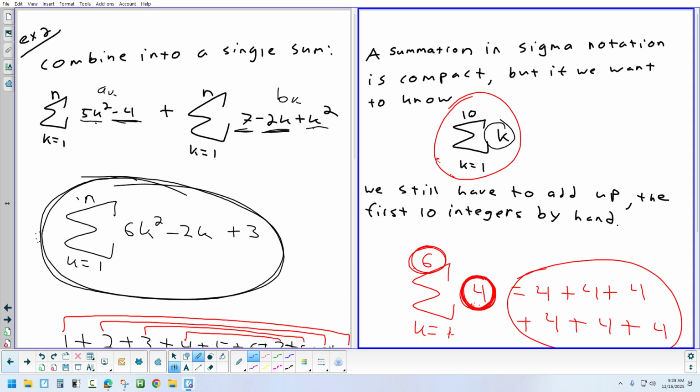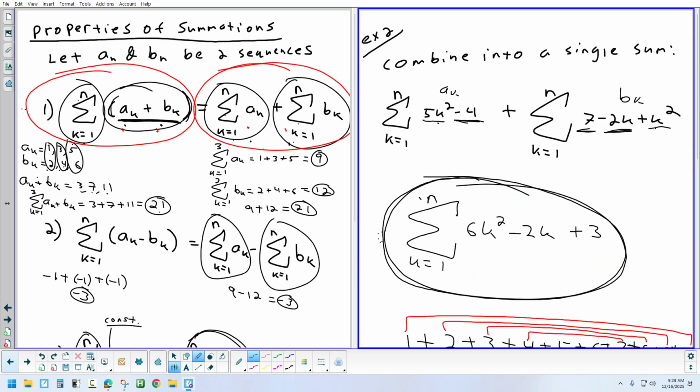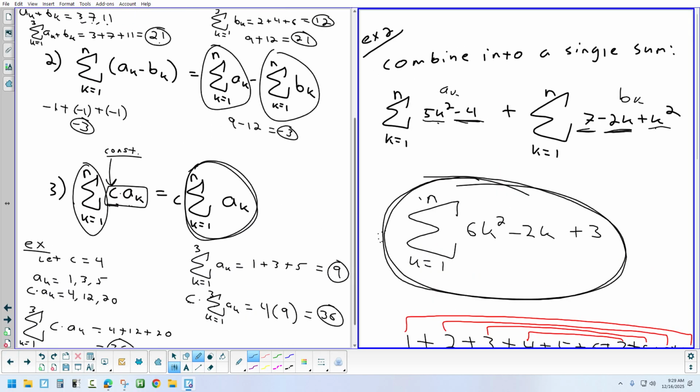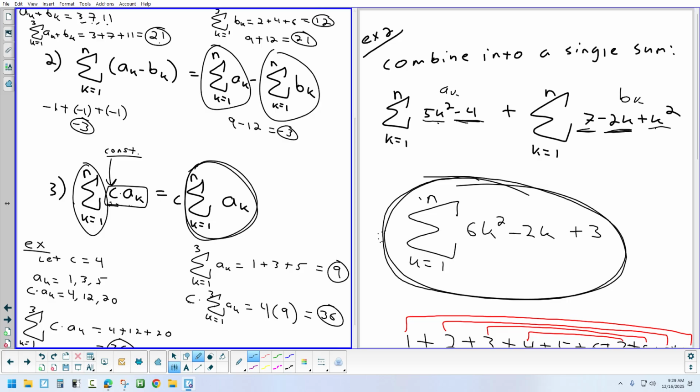So let's go back and look at our rules again. There's a rule that says if you have a number, like -2, a constant, and it's being multiplied, you can take that number and move it where? You can put it in the front. So let's take the -2 that's inside and move it to the front.